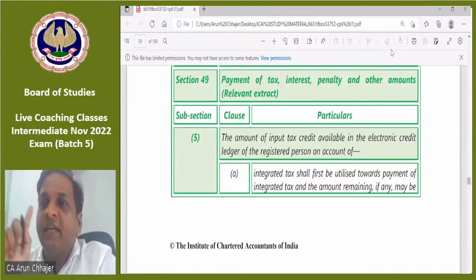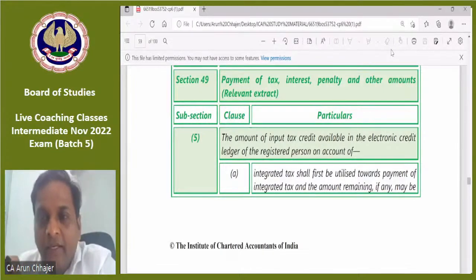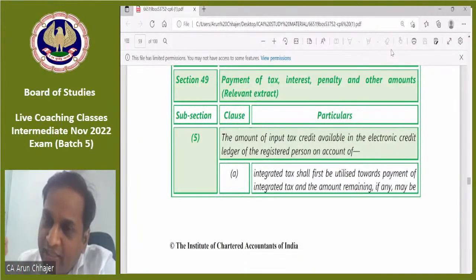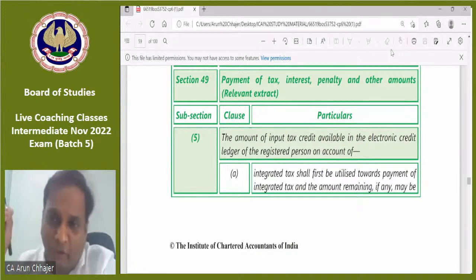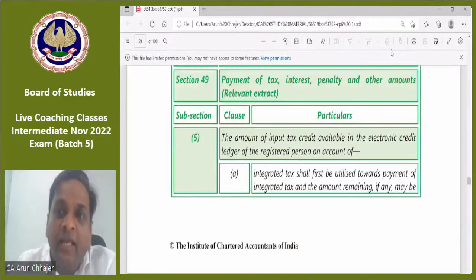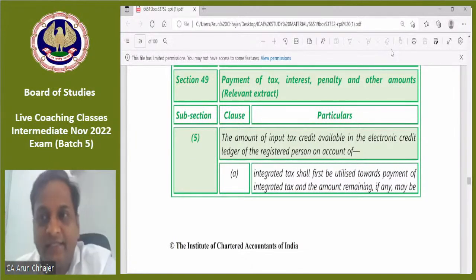ECL means it is a ledger. When you are filing the 3B, whatever ITC you have taken will be credited to the electronic credit ledger, and when you make the payment, the amount will be debited to the electronic credit ledger.